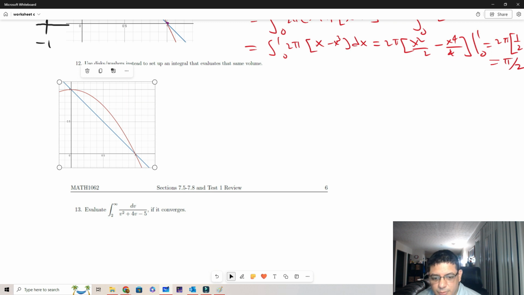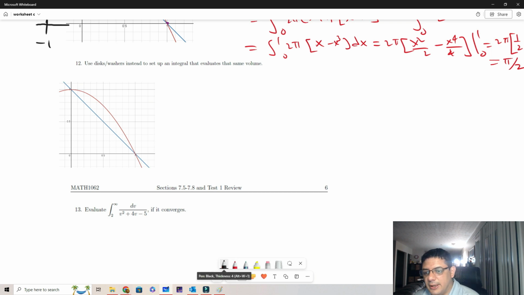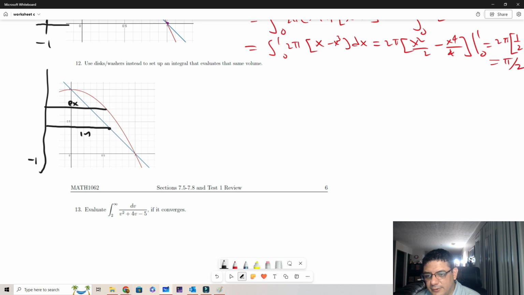If I'm doing washer, then I'm going to have to put everything in terms of y, because if I have the -1 axis here, then I want to have a perpendicular piece for the radius, and this is the internal radius, and this is the external radius.